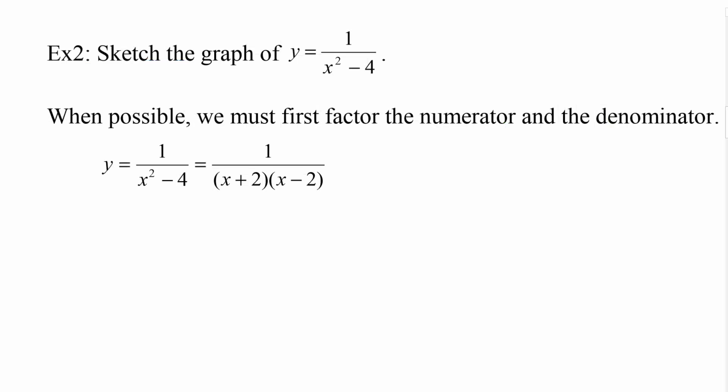Now looking at example number 2, you might think that this is just the same family but moved over 4 to the right, but be careful, this is not the same as y is equal to 1 over x minus 4 all squared, right? This is different, not the same.